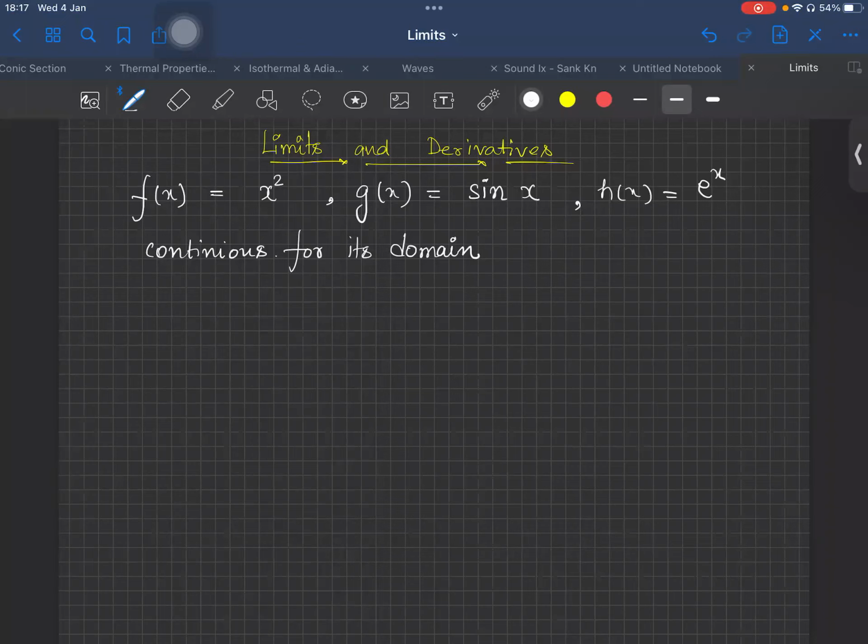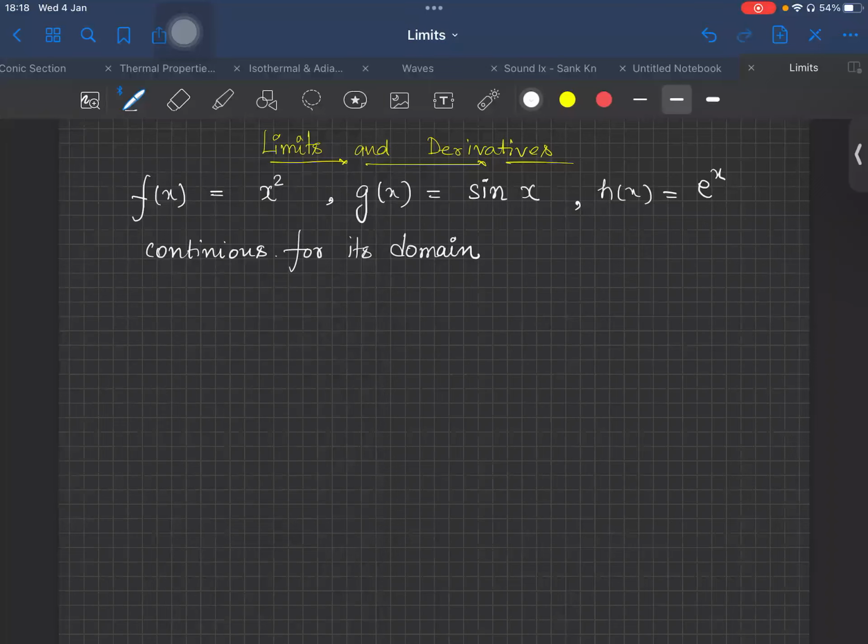Then what is limit? Why do we have to study limit? It's a really important concept in calculus, and it's exactly that simple.